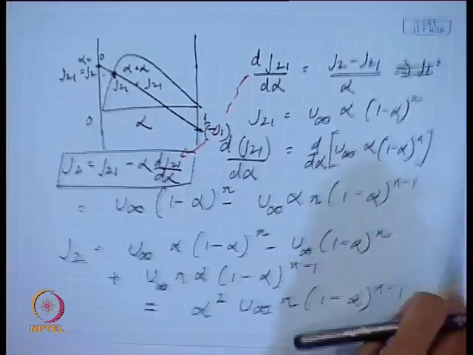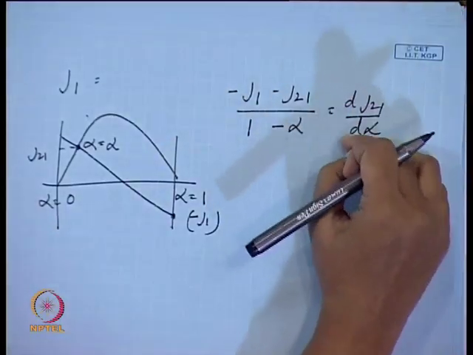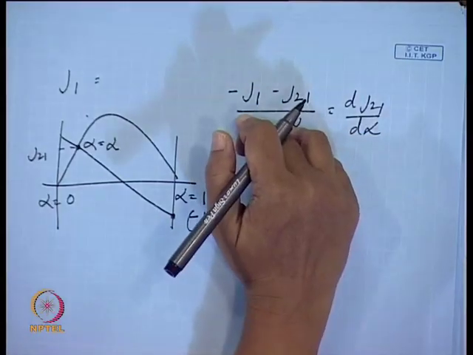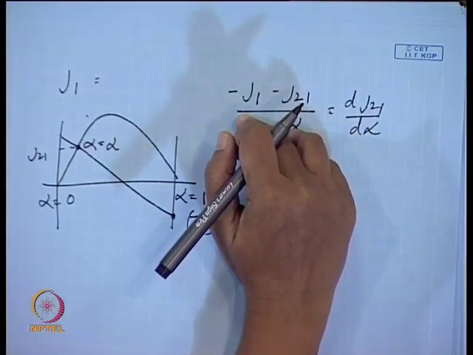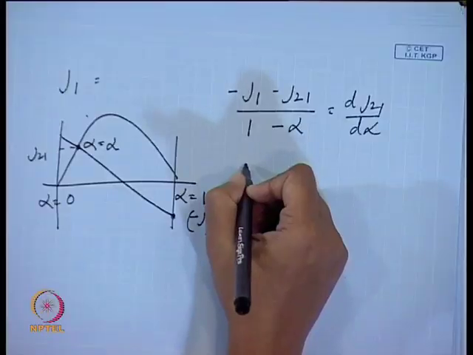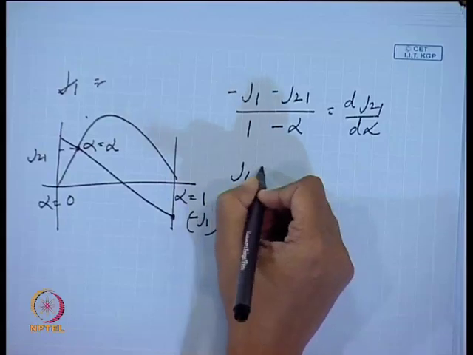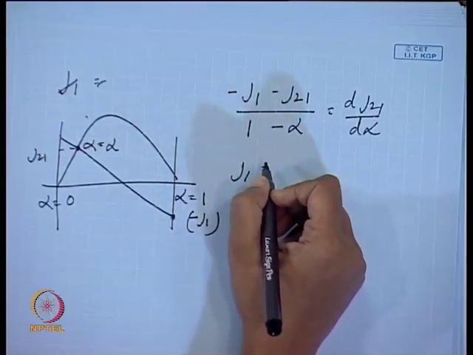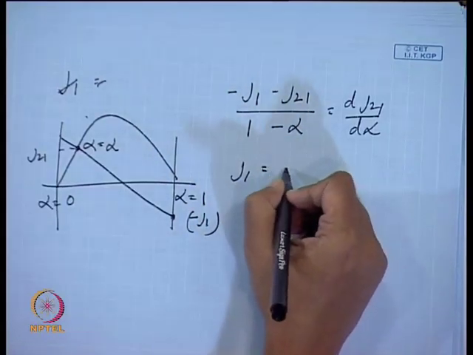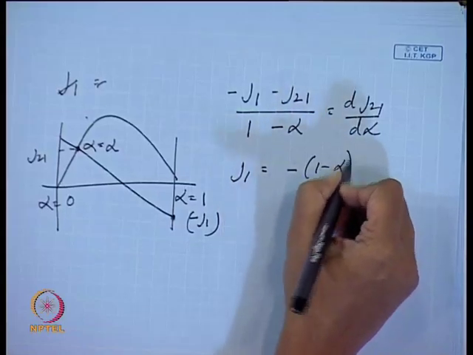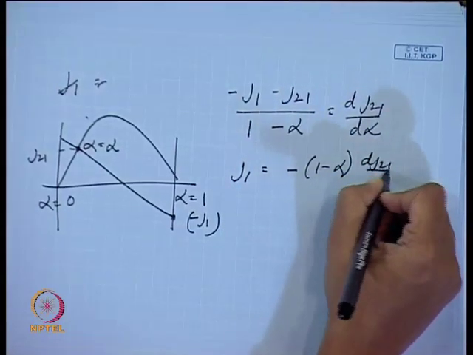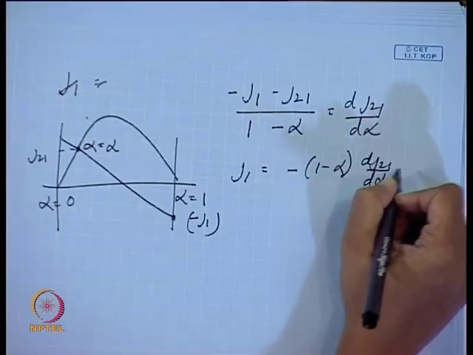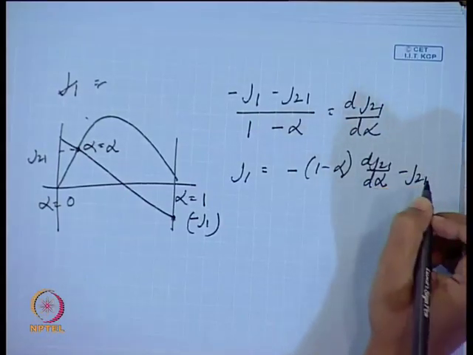We can substitute this here and then accordingly we can find out the J1 under flooding conditions, or we can find out J1 J2 for the corresponding points in the curve. So, if we do it, then what do we get? Just substitute it and you see what you are going to get. This J1 is nothing but minus of 1 minus alpha dJ21 d alpha minus J21, isn't it?